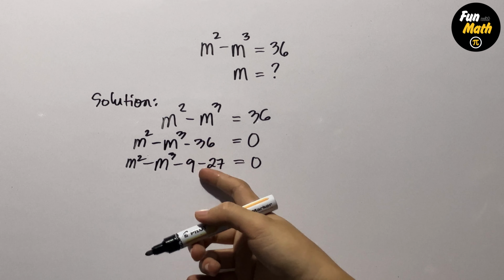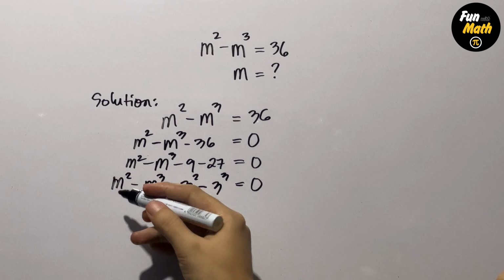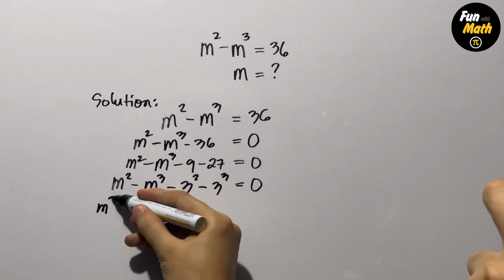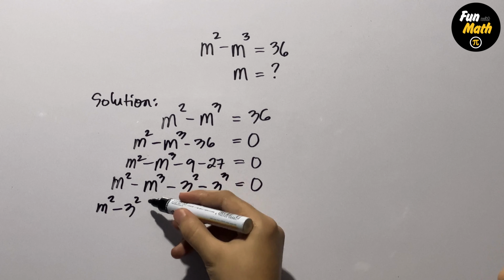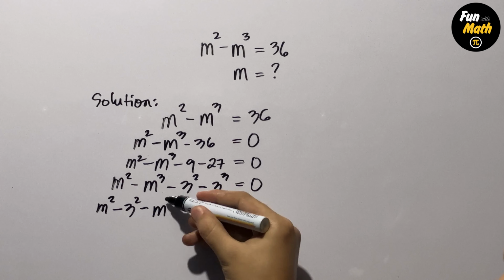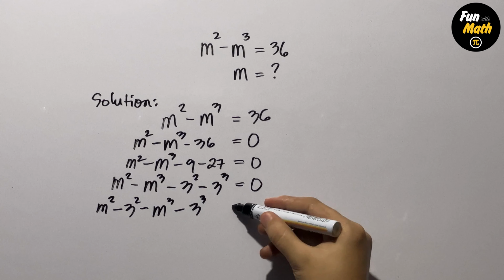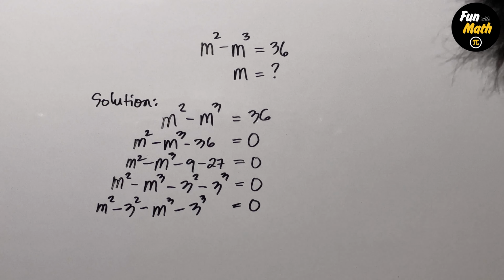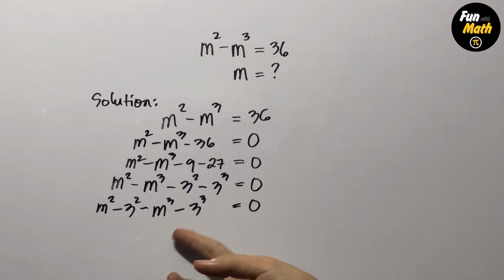Now next, we are going to arrange this. Let's pair it in terms of their power. So m squared is paired with minus 3 squared, and we have minus m cubed minus 3 cubed is equal to 0. Now for this, we can separate using parentheses.